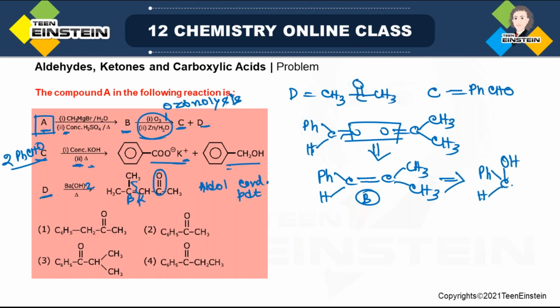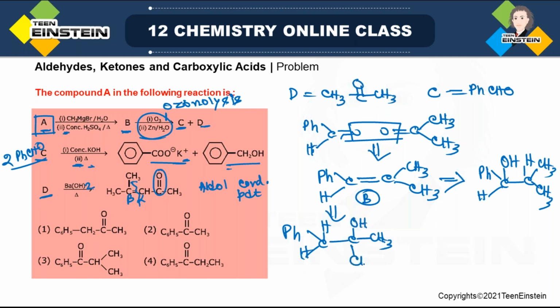One possibility is if it is like this, that is H and OH, if their positions are like this. Another possibility is this, which is also possible, right? So these two are possible products when A is treated with CH3MgBr.